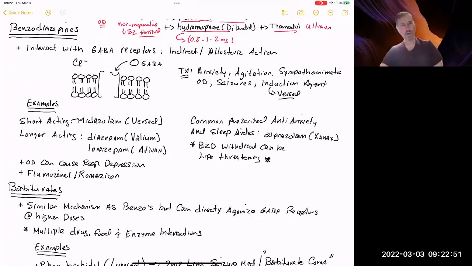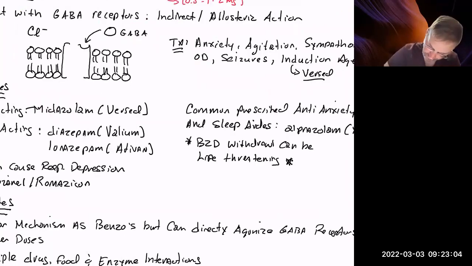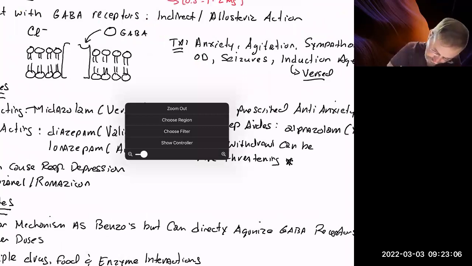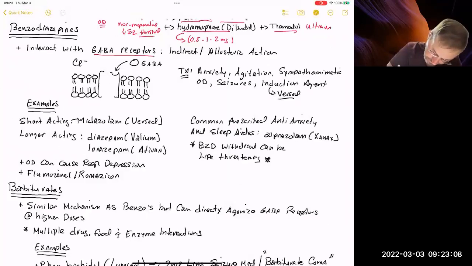I'm going to talk about some of the common categories of these sedative agents. The most common class is what we call the benzodiazepines. The benzodiazepines interact with what are called GABA receptors. Inside the brain, in the central nervous system, there are two major neurotransmitter systems.